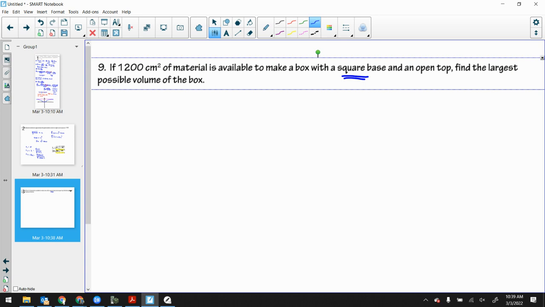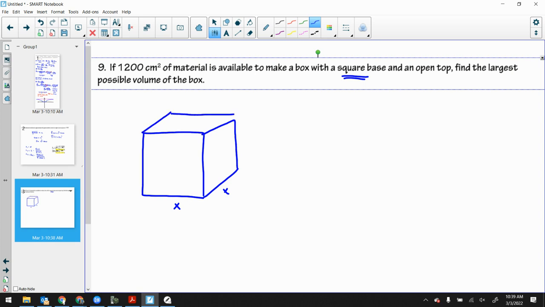That's going to be the key to this. Because when I draw this, I know that these two pieces must be the same. Do I know that this is necessarily a cube? No, because the height of this is not the same. But I do see that this is a square base.